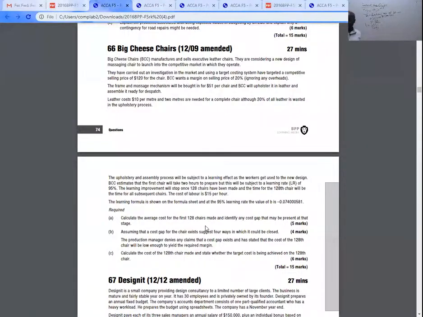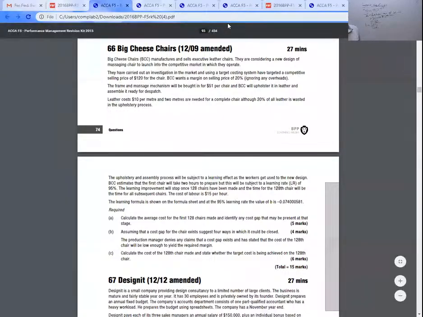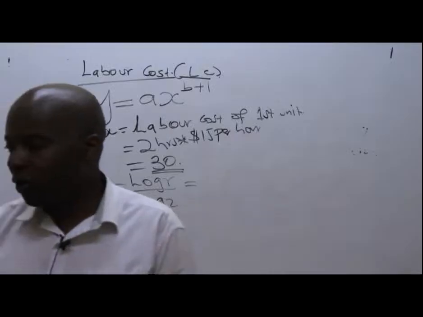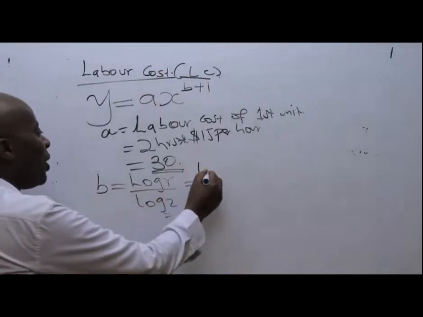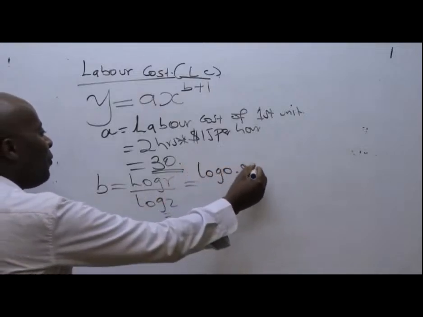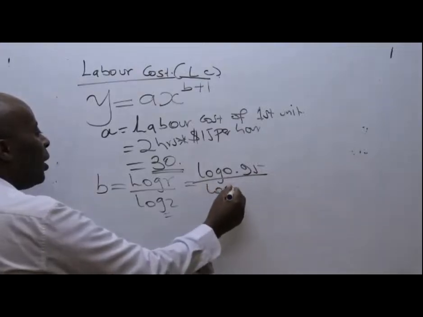Has this examiner given me the learning rate? Oh, yes. He's told me it's 95%. So we have here log of 0.95 all over log 2.